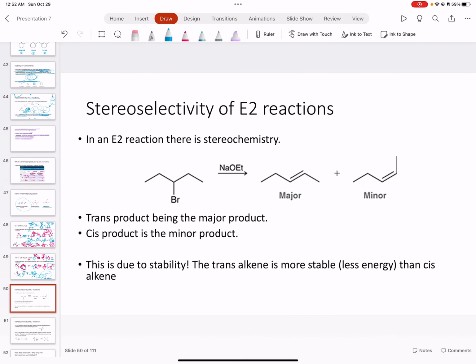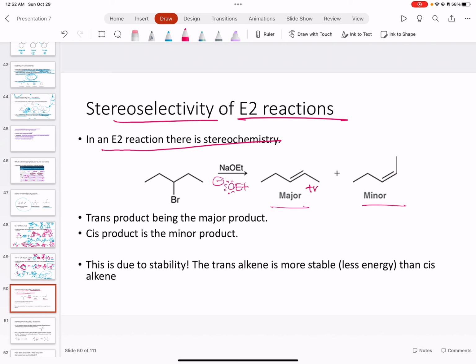So, stereoselectivity of E2 reactions. This is when it gets a little bit harder. In an E2 reaction, there is a stereochemistry. So we're able to actually get a major and then a minor product.